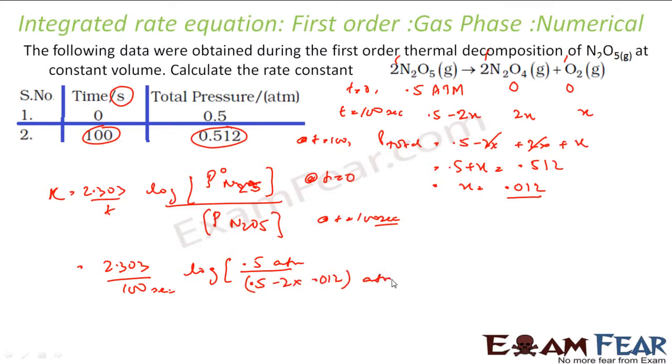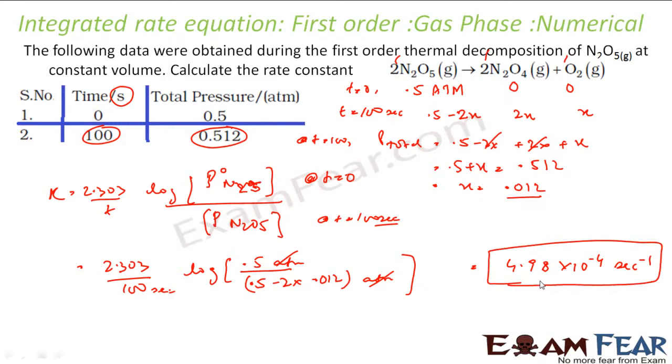This much atm. The atm cancels. This becomes 0.476. So 0.5 by 0.476 log, and if you actually solve it, this comes out to be 4.98 into 10 to the power minus 4 per second, and that is the value of my rate constant for this equation. Correct?